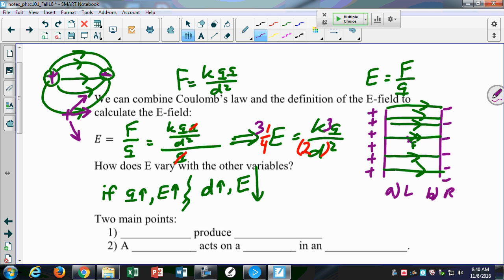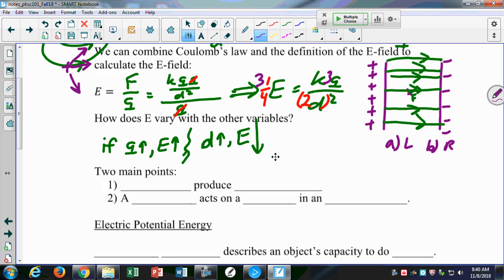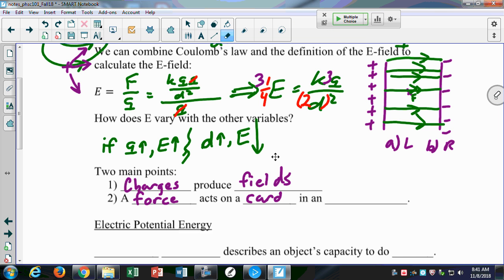All right, so charges produce fields. And then also, a force acts on a charge in an electric field.